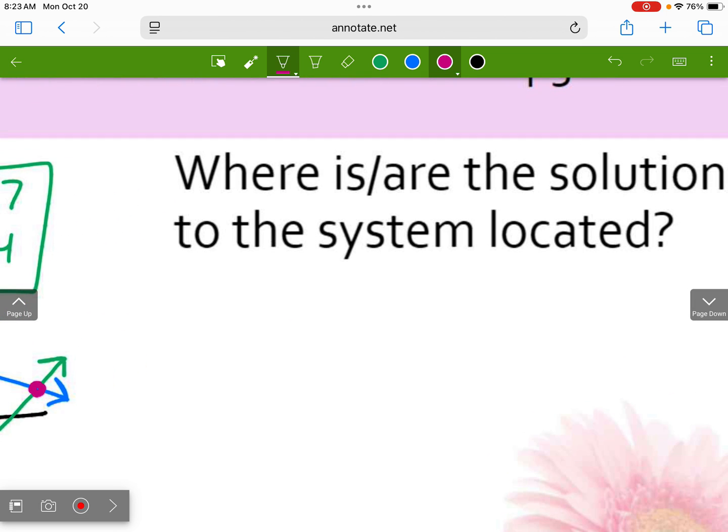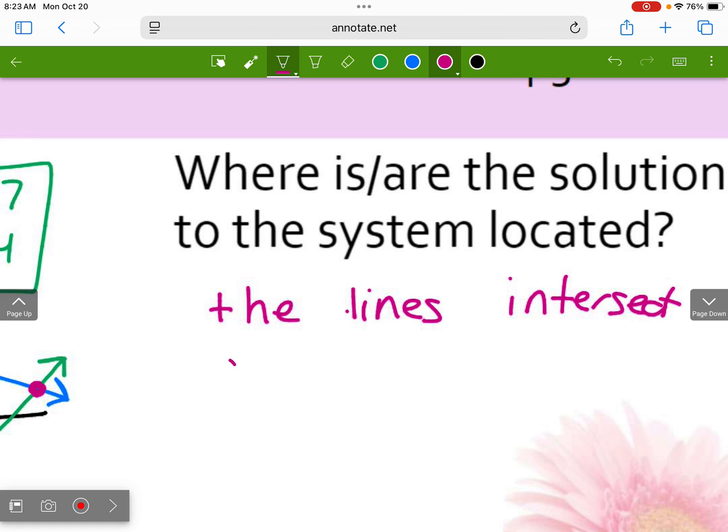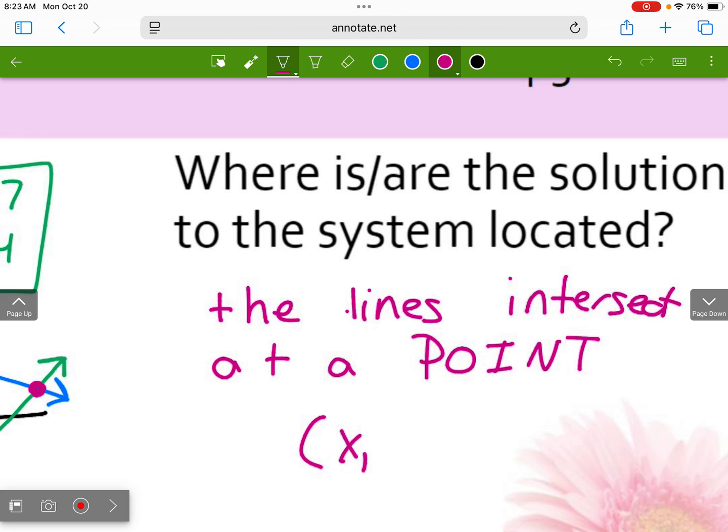The solution to a system is where the lines intersect, at a point. So our solution is x comma y, our ordered pair. When we were working with our lines, we always got a point where they crossed, or we'd have two parallel lines, which gave no solution, or infinitely many solutions.